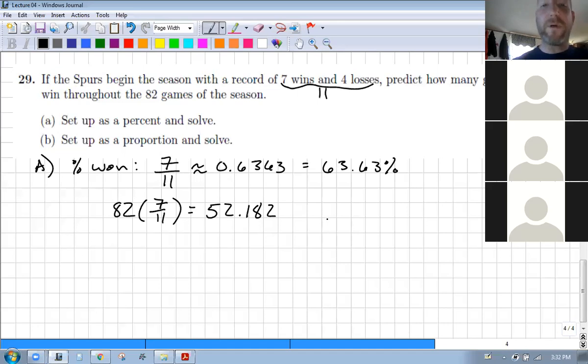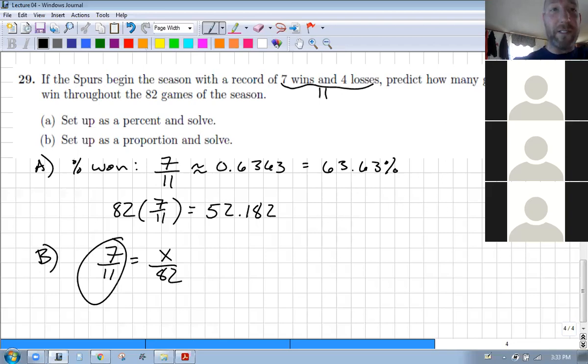So approximately 52 wins. Now we're going to set this up as a proportion. Well, we compare wins to the total for the whole season, right? So this is what we have so far in the season. Won 7 out of 11.